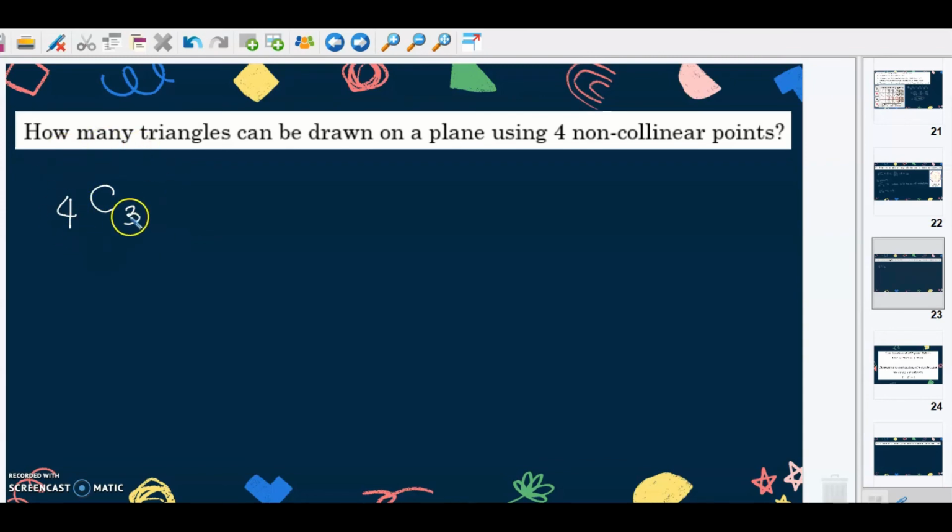Our solution is the combination of 4 taken 3, which, if we simplify, is 4 factorial over 1 factorial, 3 factorial. This is equal to 4. That means we can draw 4 triangles using these 4 non-collinear points.